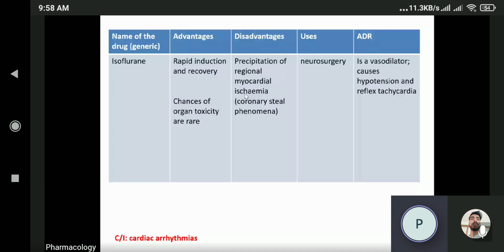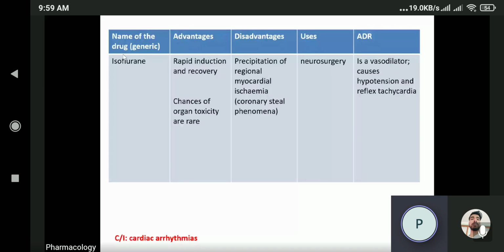If you remember from your angina classes in first year, there is this phenomenon where drugs can steal away the blood from the affected area. That thing is also true for the drug isoflurane. Okay, and now they are mainly used for neurosurgeries.